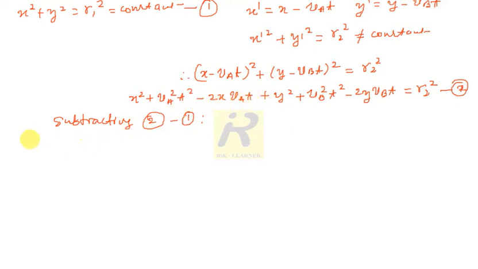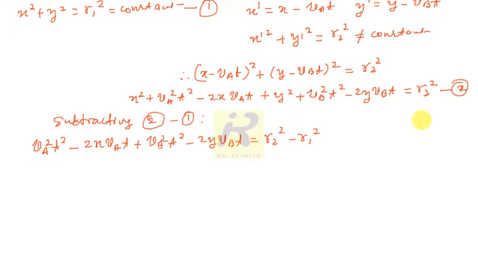So the remaining terms are va square t square minus 2x va into t plus vb square t square minus 2y vb into t. On the RHS, it will be R2 square minus R1 square.